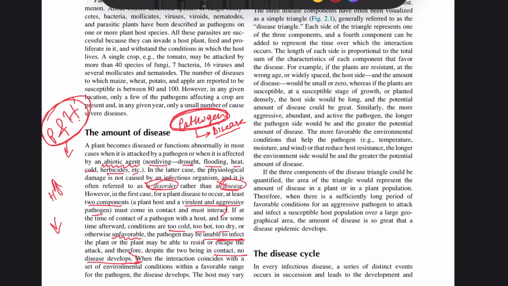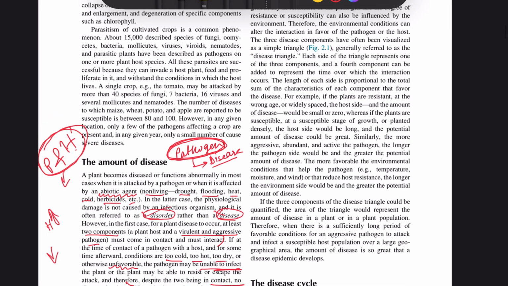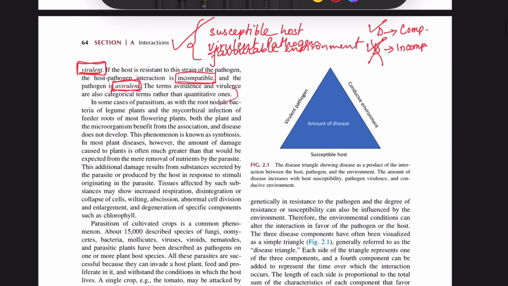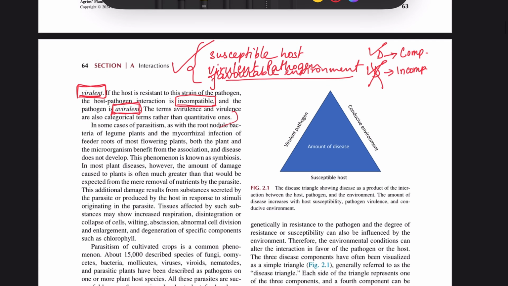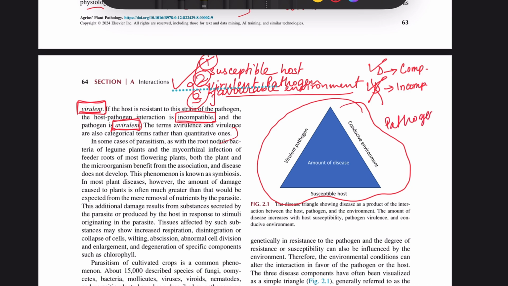For that, what will we require? We will require a favorable environment. Here I have told you: susceptible host, virulent pathogen, and favorable environment. These three are required for a pathogen to cause disease.